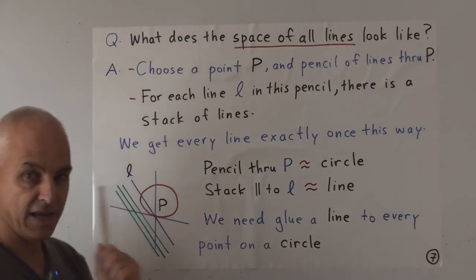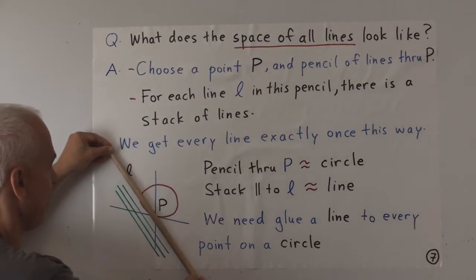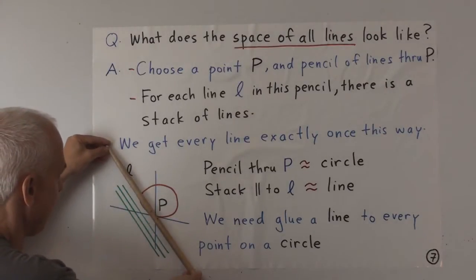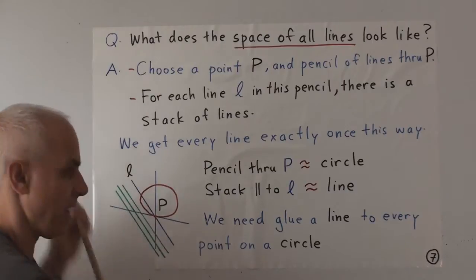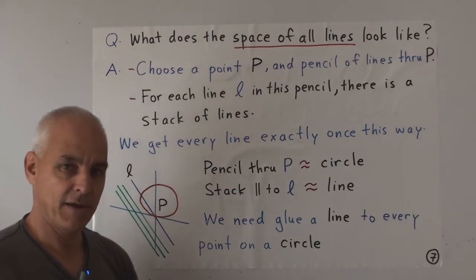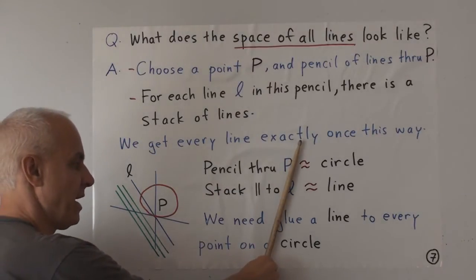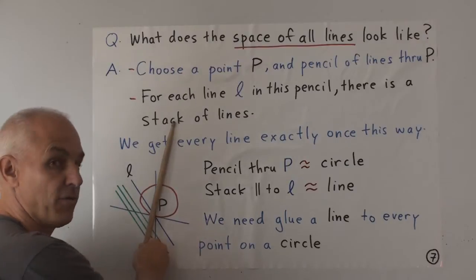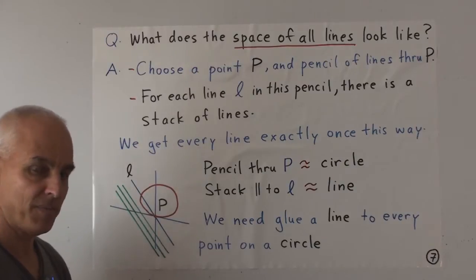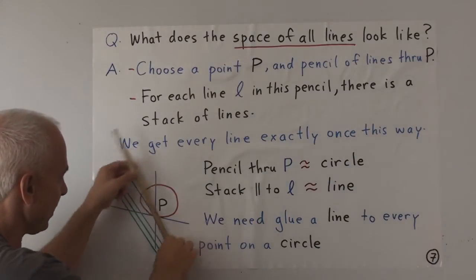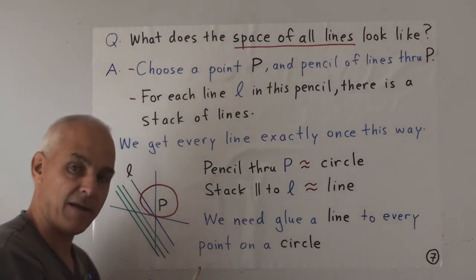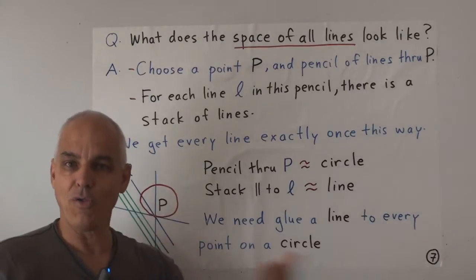Now, for every line in this pencil, say that particular one there, call it L, there's a stack of lines: the stack containing L, that is, all the lines parallel to L. We see that we get every line this way, because every line, no matter where it is, is parallel to a line through P, and it's parallel to exactly one line through P. So by varying the lines in the pencil at P, and then for each one of those lines considering its corresponding stack, we are running through all the lines in the plane.